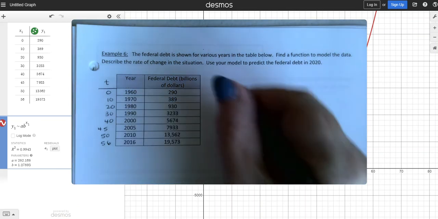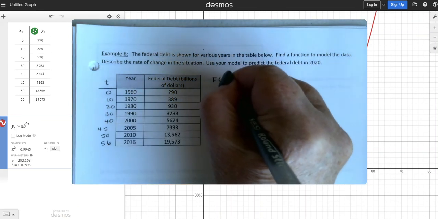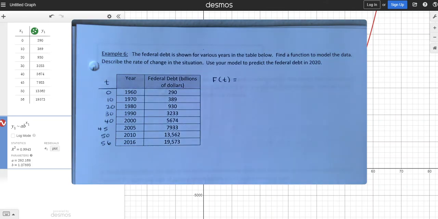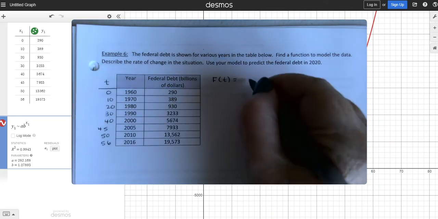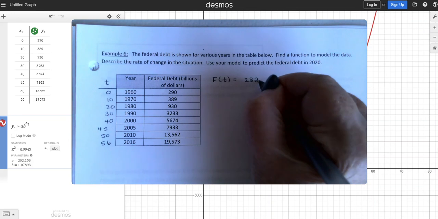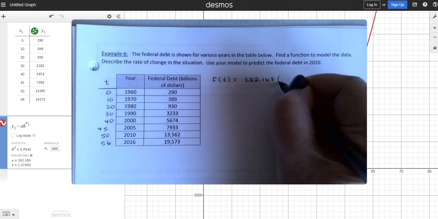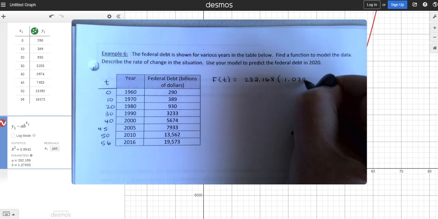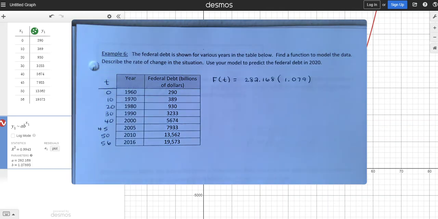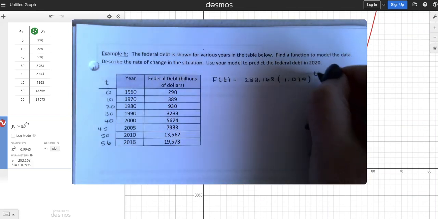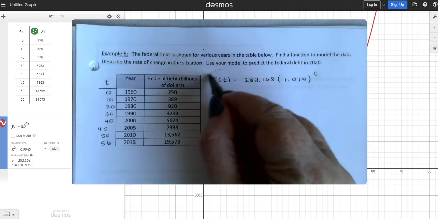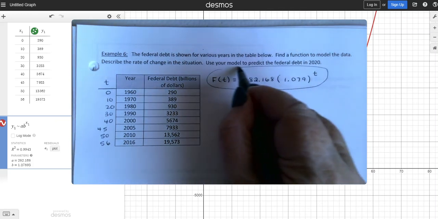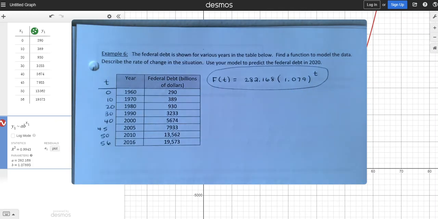So let's see, this is federal debt. We'll call it f of t. It would be 282.168 times 1.079. Go with 3 decimal places here, to the t power. All right, exponential function, so I'm expecting a relative or percent rate of change.